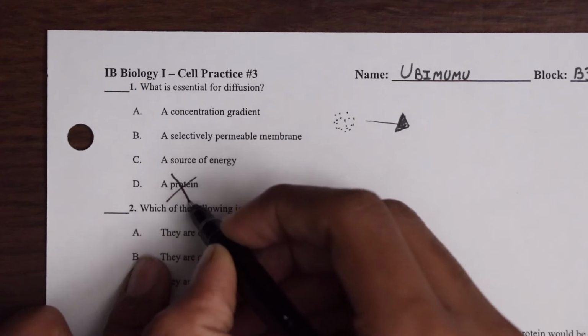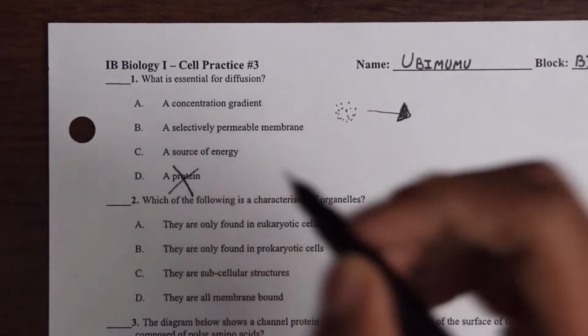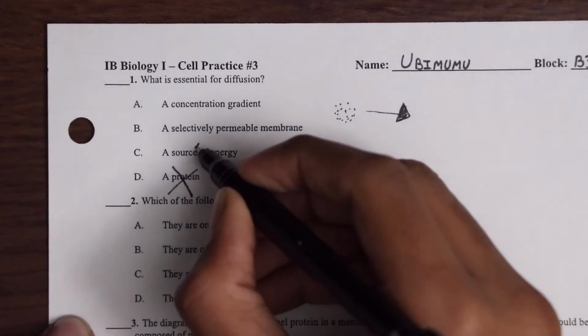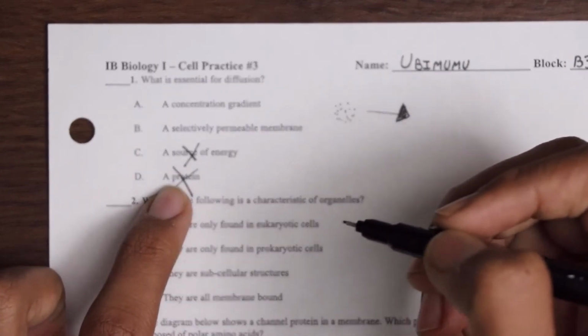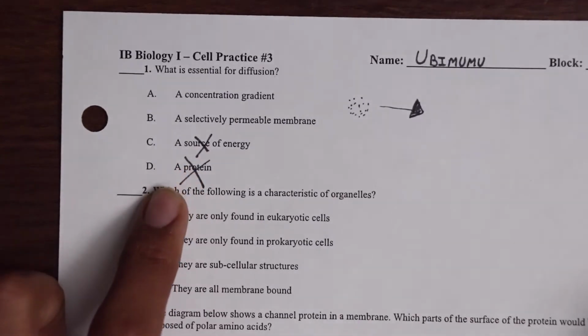Do you need a source of energy for diffusion? You most likely don't, because most of the time when you need a protein, you need energy, and that's C as well. Sometimes you don't need energy with a protein, let's say for a channel protein. But you don't need energy or a protein for diffusion.